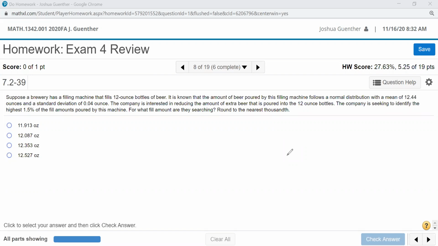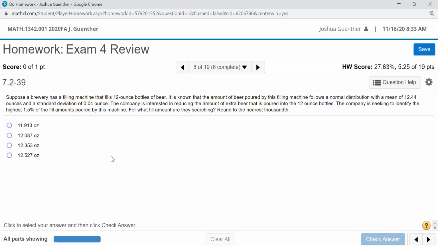So, long story short, this company is trying to identify the bottles of beer that make up the top 1.5% of all amounts that get into the bottles. So these are going to be the high-end ones. You're not going to want things that are less than the mean. You're going to want things that are greater than the mean of 12.44. So this one's actually kind of silly, because if it's in the top 1.5%, unless I'm reading this problem wrong, well, the top 50% is everything that's greater than the mean of 12.44.